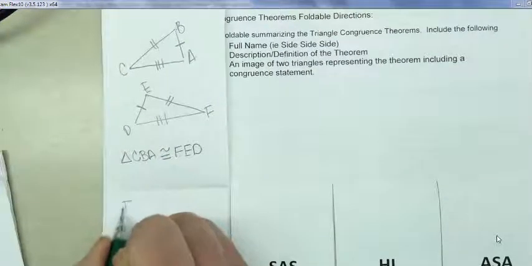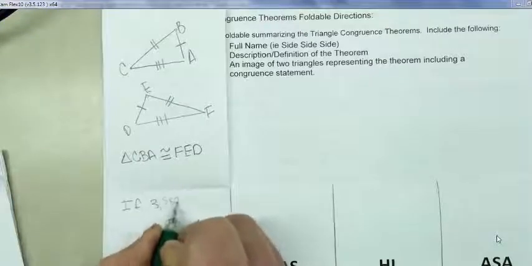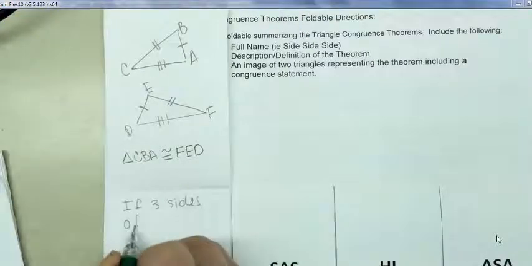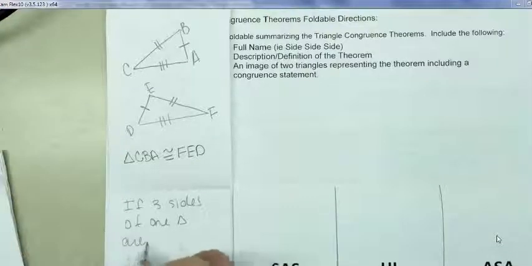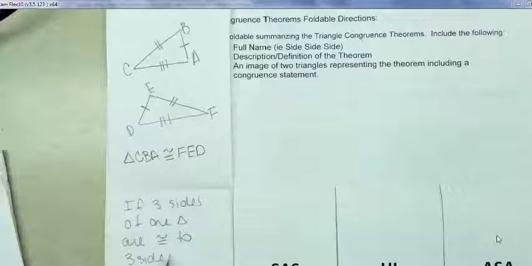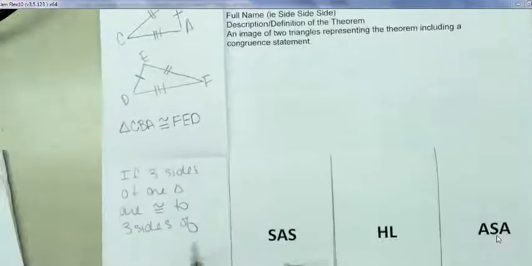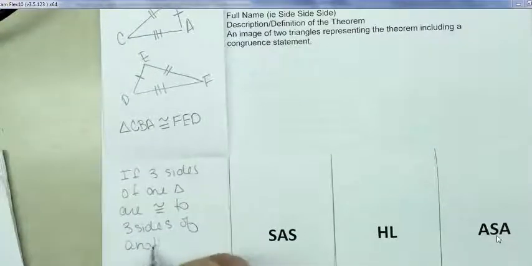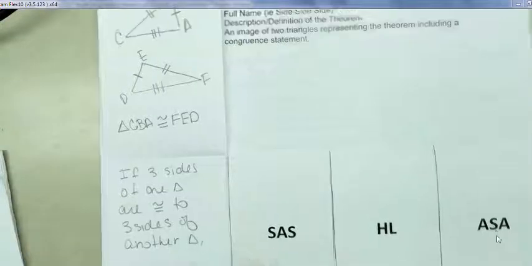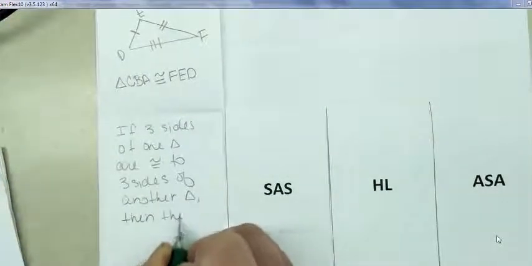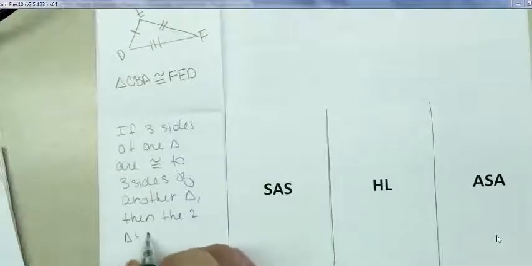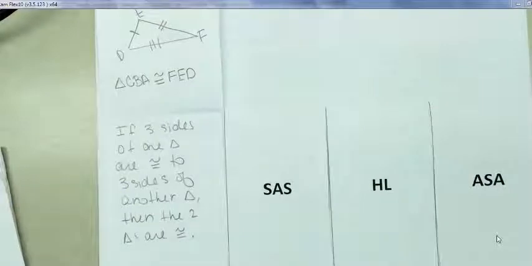So if three sides of one triangle are congruent to three sides of another triangle, then the two triangles are congruent. And that was the description or the definition.